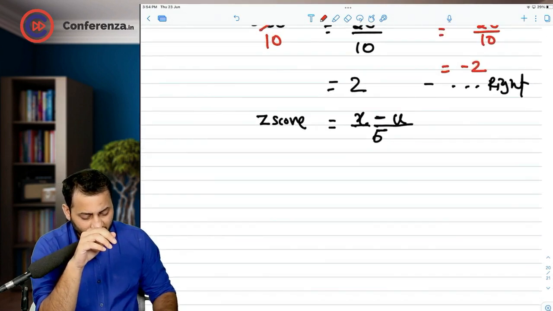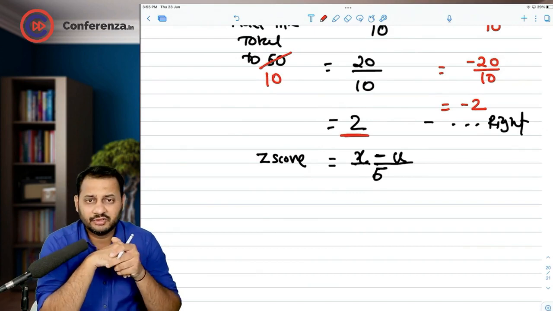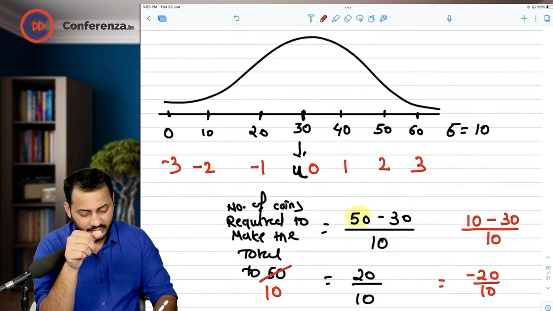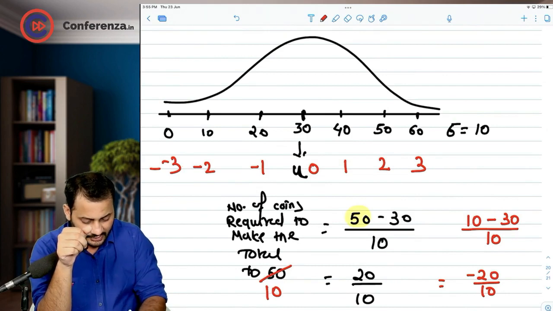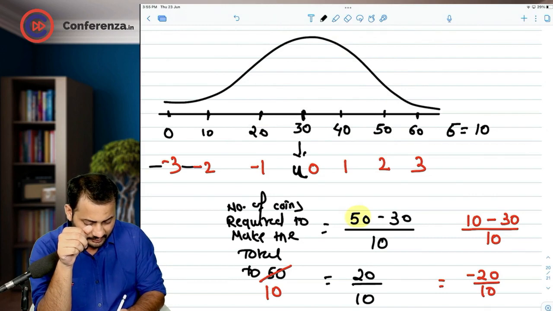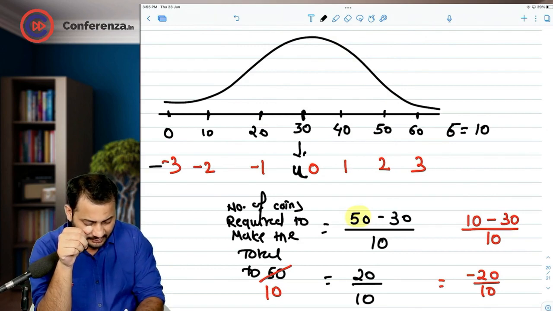Now since you have understood that you need to move 2 standard deviations on the right side, can you tell me the probability of that point? On your table, the table that you will get in the exam, or the standard table that is used by everyone in the market, the probabilities given are for the standard deviation, right? Not for the coins or rupees or anything like this.